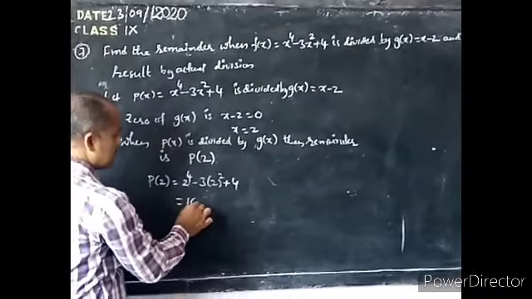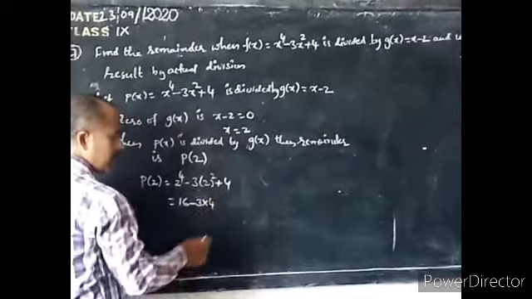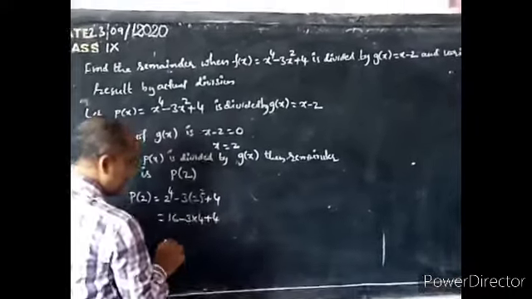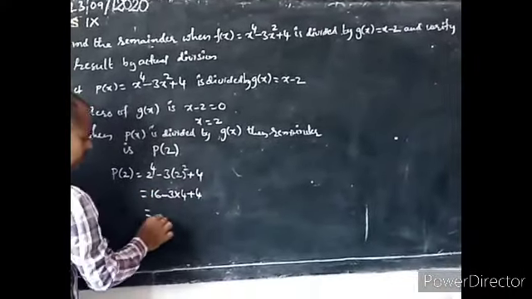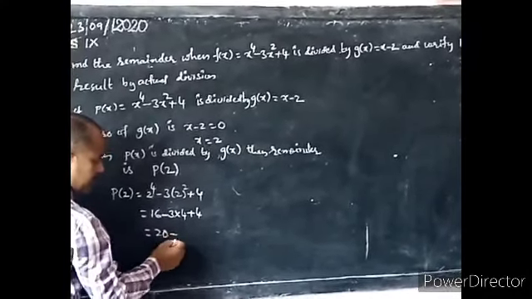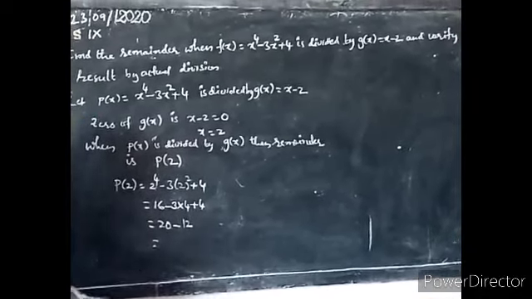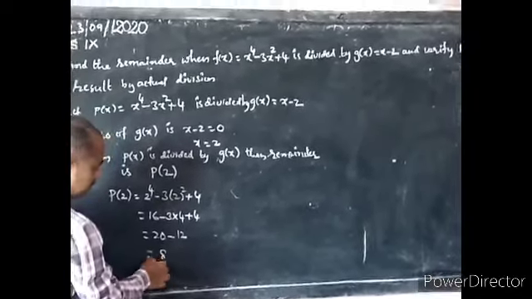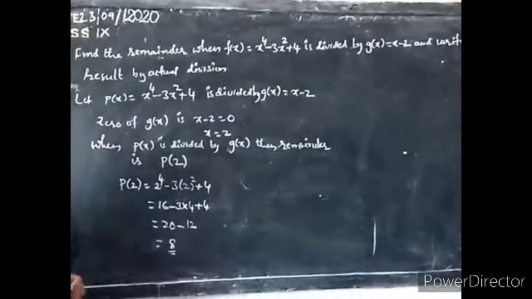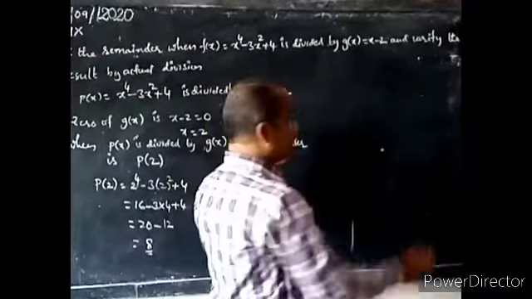So it becomes 16 minus 3 into 2 square, which is 4, plus 4. 16 plus 4 is 20. This minus 3 into 4. 3 4s are 12. 20 minus 12? 8. So the remainder is 8. Now go through the actual division.